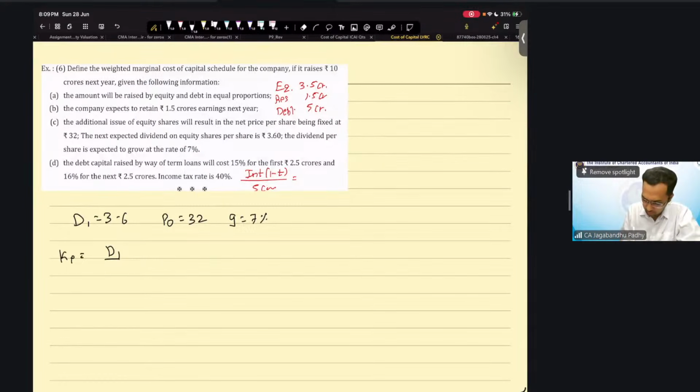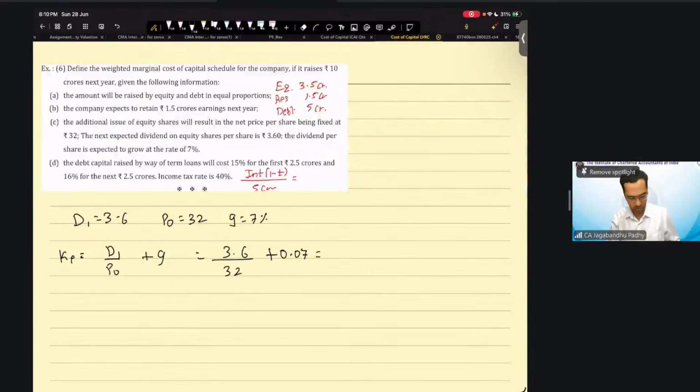KE will be D1 upon P0 plus G. So D1 is 3.6 upon P0 is 32 plus growth is 0.07. Yeah. So what's the value? 3.6 divided by 32 plus 0.07, that's 18.25%. Okay.